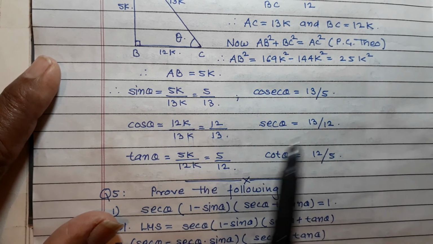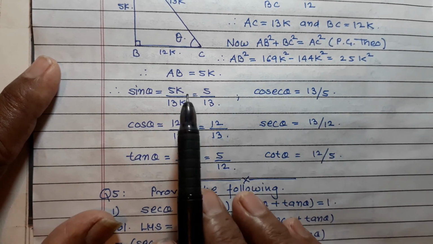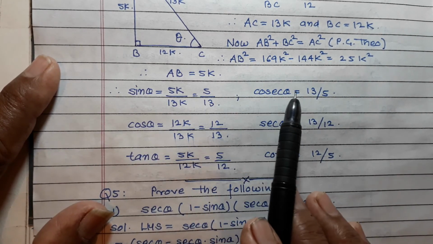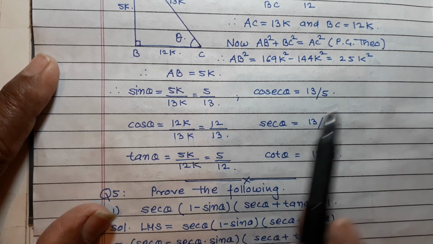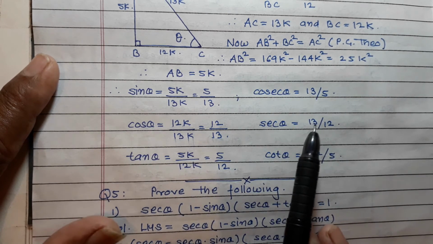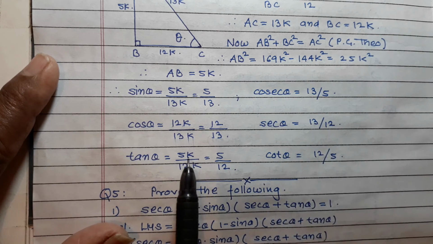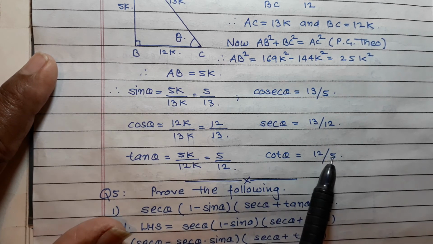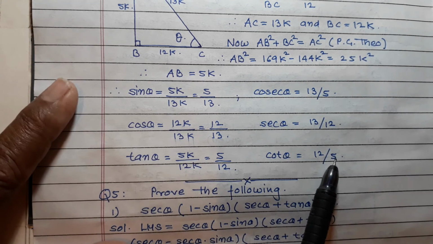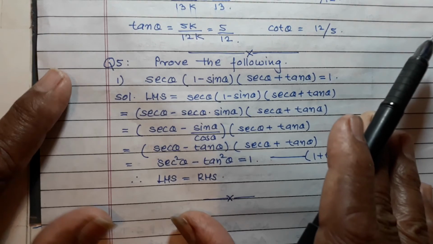And now you write down these three ratios. So cosec theta is equal to 13 upon 5, sec theta is equal to 13 upon 12, and cot theta is equal to 12 upon 5. Okay. Question number 5.